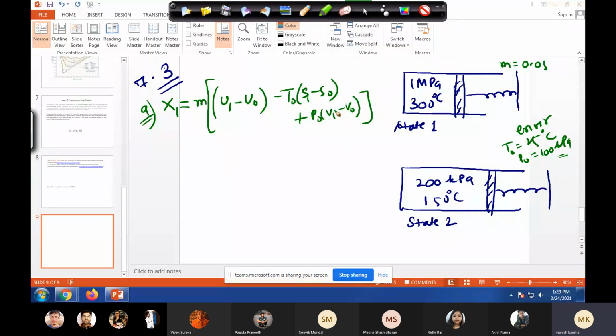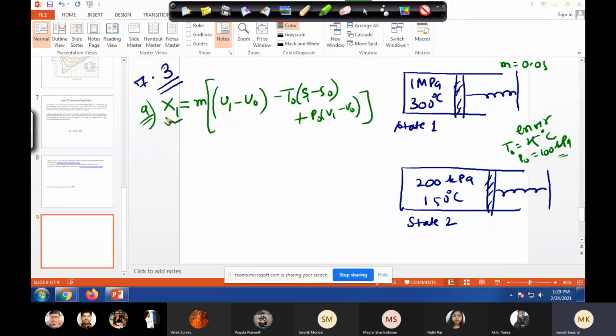What does exergy at state 1 mean? If your gas expands against the environment till it attains the environmental state, how much maximum work you can extract, that is X1. Whether it is arriving there or not is not a problem in calculating X1.